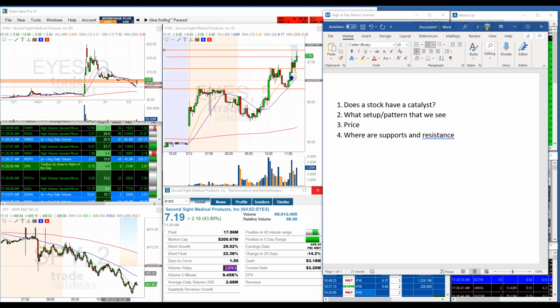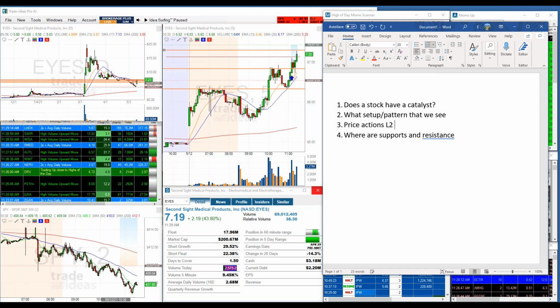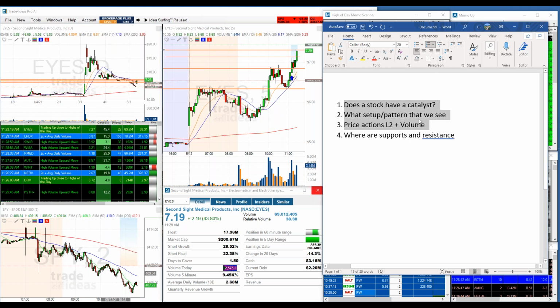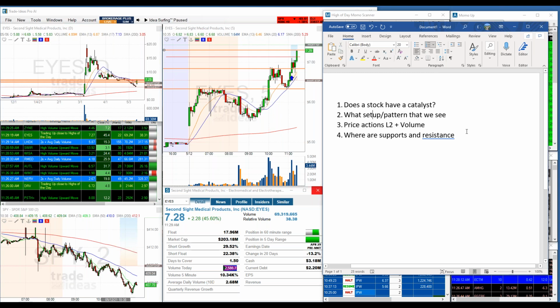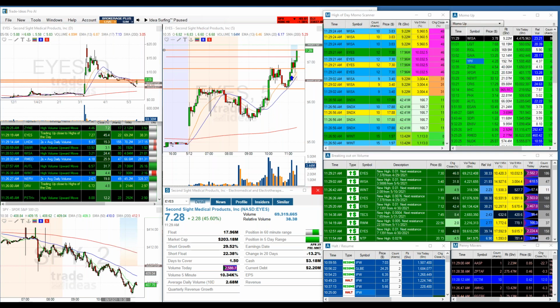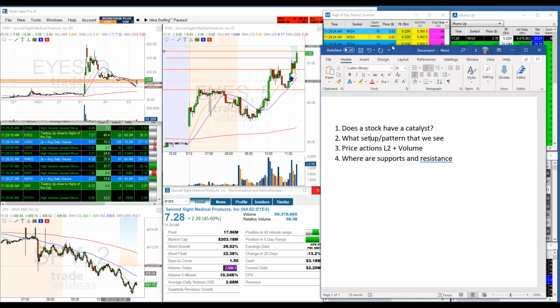We're watching the price action on the level 2 plus the volume. So we look at these three here to decide if we're going to get into the trade or not. We're looking at these three reasons to decide whether we can get into the trade.